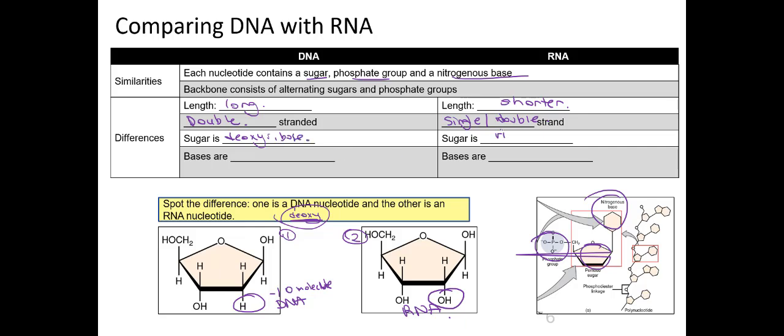The sugar in RNA is ribose, right? And the bases in DNA are adenine, thymine, guanine, cytosine, whereas the bases in RNA are adenine, uracil, guanine, and cytosine. So the difference in bases in DNA versus RNA is that DNA includes thymine, whereas RNA includes uracil in its place.